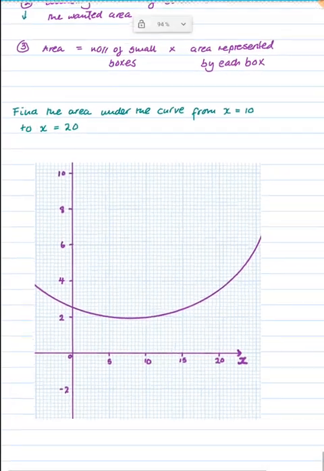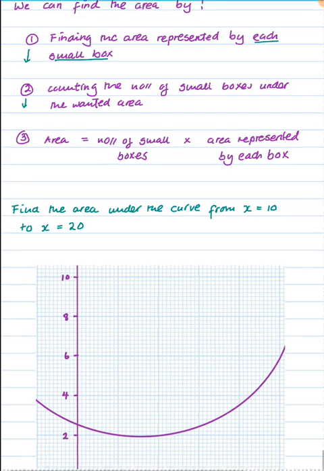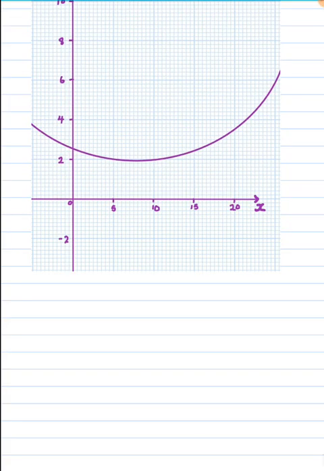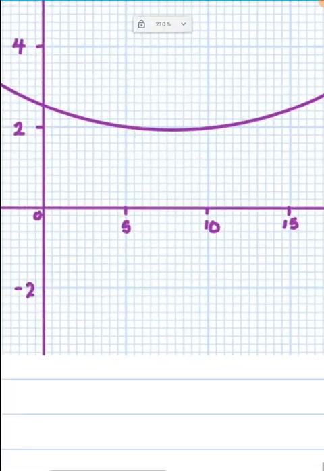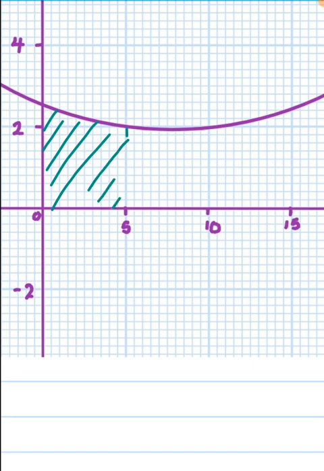And second of all, we count the number of small boxes under the wanted area. Probably you might have been given a curve and you are given this as the area that you want to calculate.